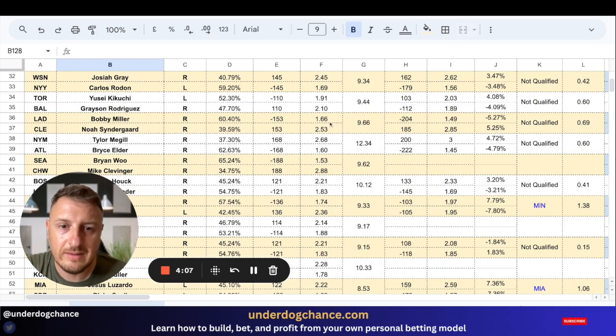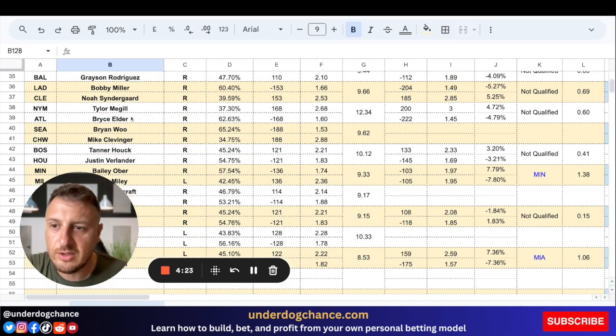Dodgers, Cleveland. I have Dodgers at minus 153, bookmakers minus 204. I have Cleveland at plus 153, bookmakers plus 185. So maybe Dodgers are a little bit overrated. I would not take Dodgers.